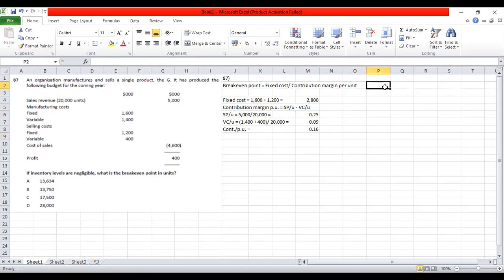Now find out what is break-even point. We can have this one as 2,800 divided by 0.16.